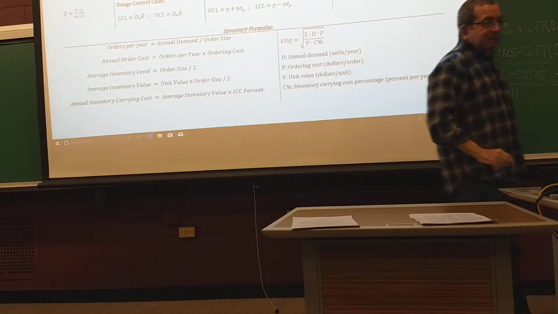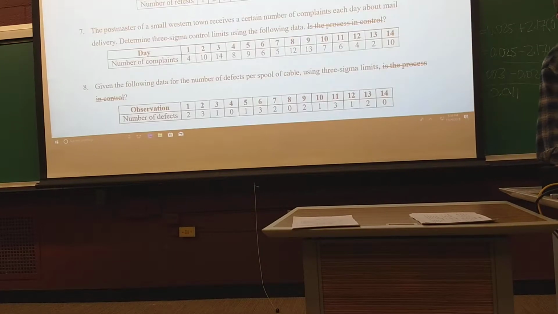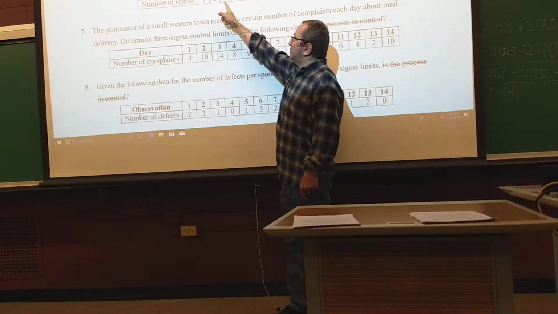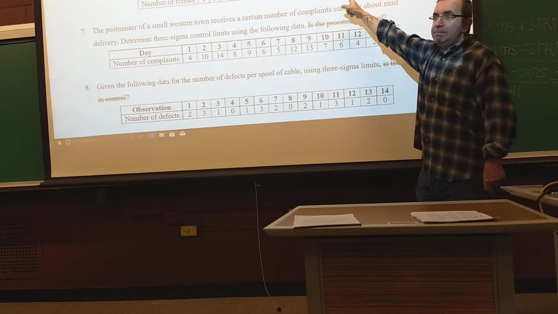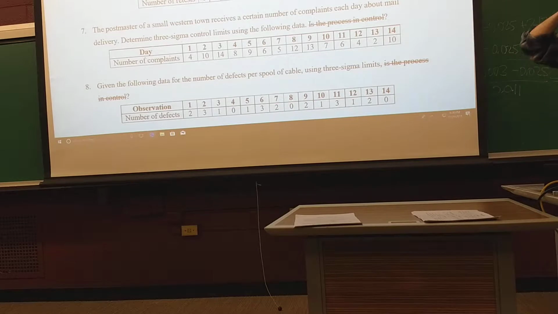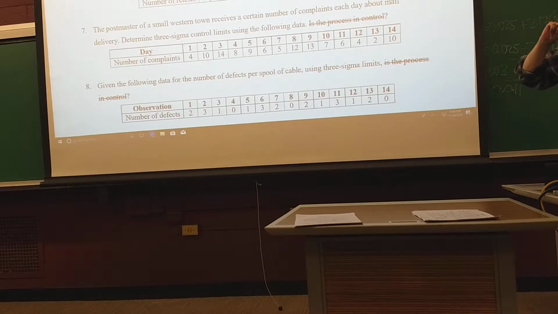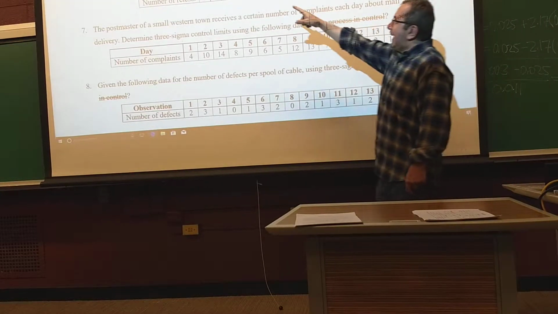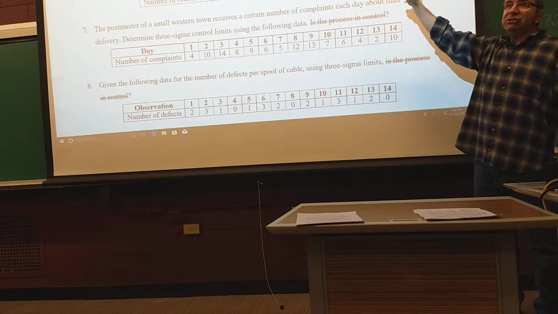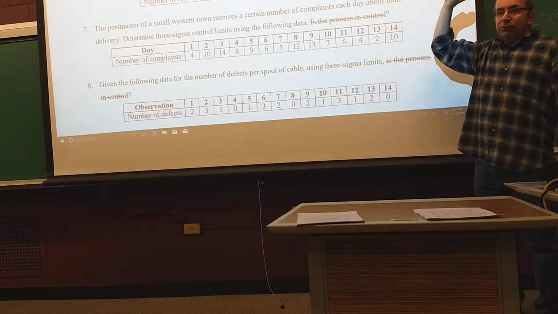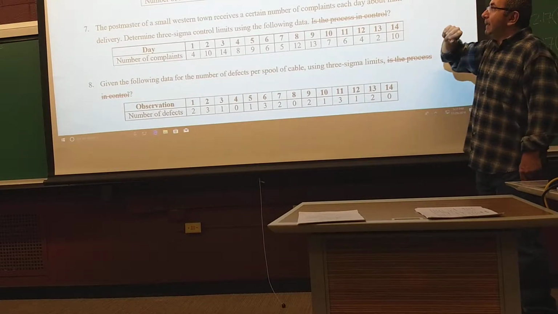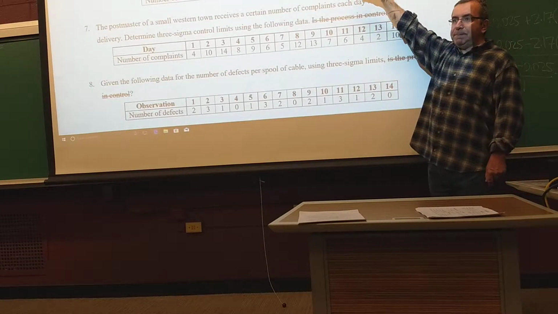The sum of defectives is 1 plus 2 plus 3, divided by 13 samples, and each sample has 200. So that's how we calculate P.